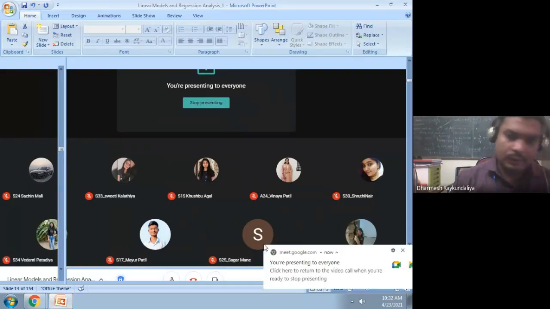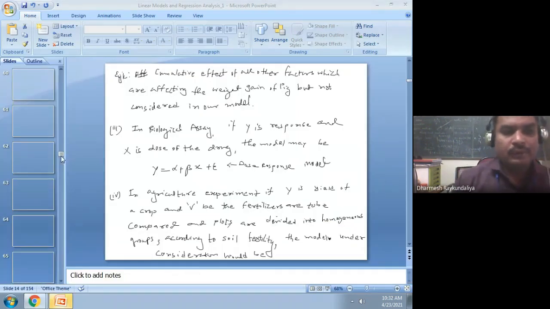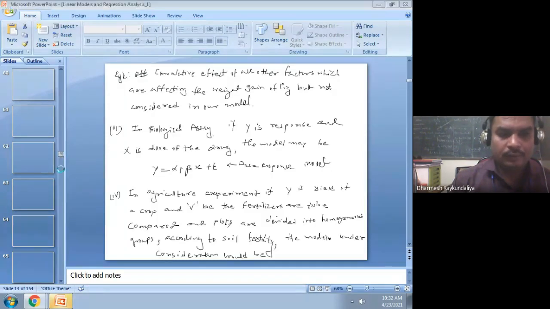So conditional SSE is nothing but the minimization of the quantity (y minus X beta) transpose (y minus X beta) subject to the condition lambda beta equal to d, where lambda beta is a set of m parametric functions.